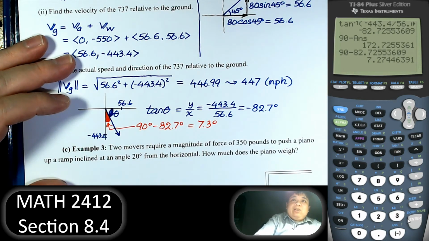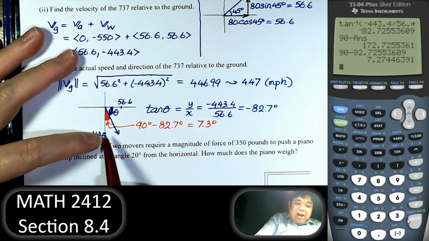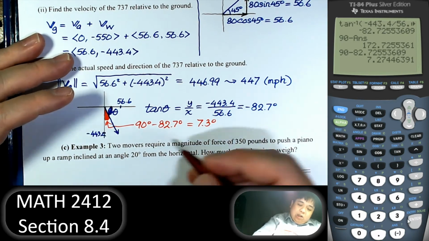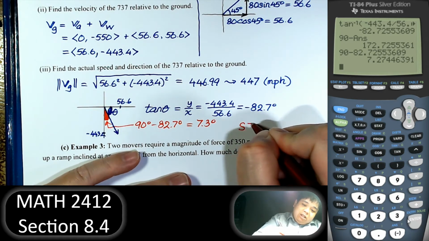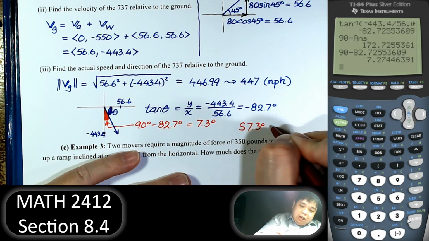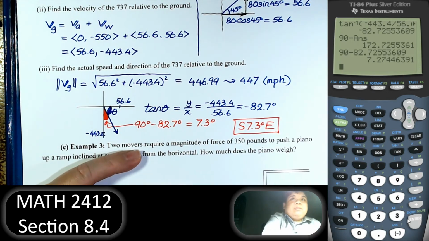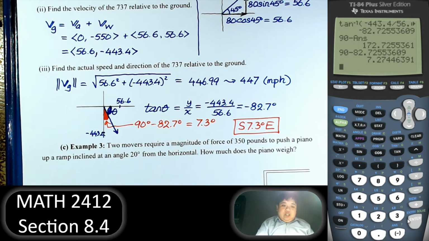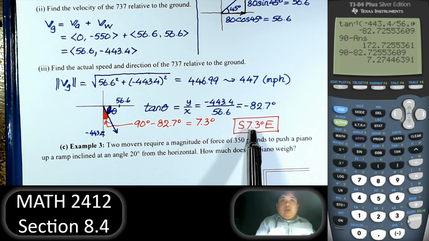So why do we need that angle? Well, this is the angle from the south to the east side. So the direction is going to be south 7.3 degrees on the east side. So we give the answer as a bearing. The speed is 447 miles per hour, and the direction will be that.